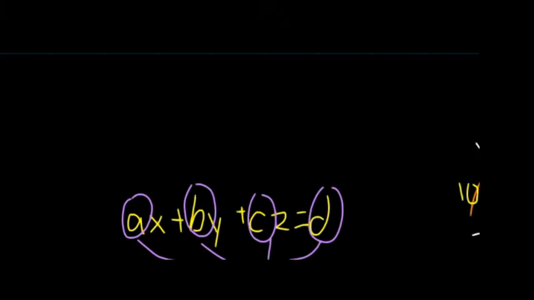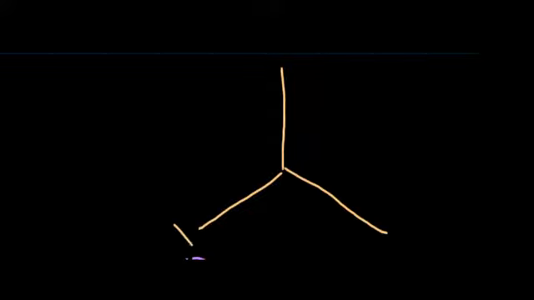Let me draw the x, y, and z axes with this color. Let me draw a straight line. It's going to be the x-axis, the y-axis, and the z-axis.